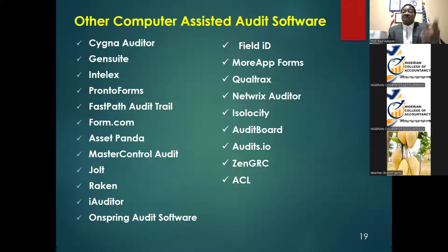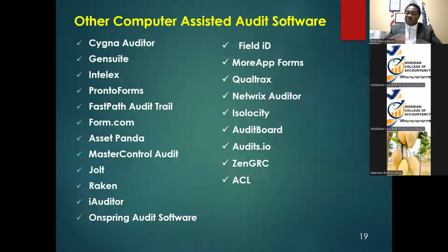And out of this one, we have my Pronto Forms. Let me put down Form.com. This one helps you to convert. See, in IDEA, what you need from the organization you are auditing is soft copy. Once they give you their information in soft copy, your own is to import it into the IDEA software and begin your analysis. But what if you go to an organization, they now tell you, we don't have our information in soft copy.